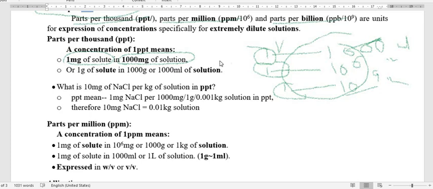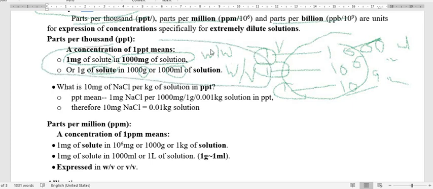This is called parts per thousand, but this is weight by weight. If the solute is present not in gram but in ml, then we call it weight by volume. But both are parts per thousand, just represented in the weight by weight form or the weight by volume form. So let us take an example under this.